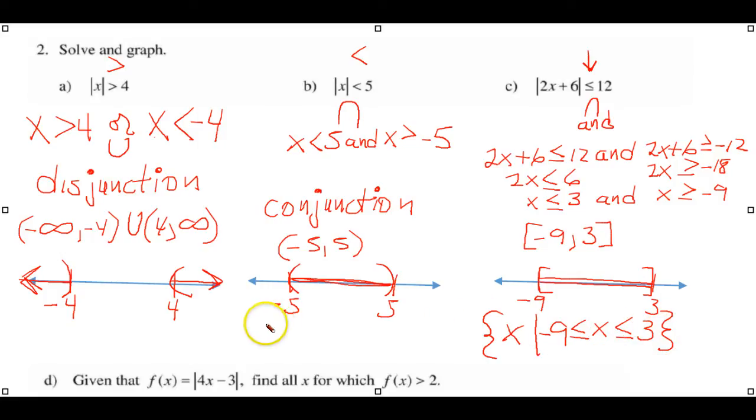And for this one, it would be similar. Brace, x is such that negative 5 is less than x is less than 5.